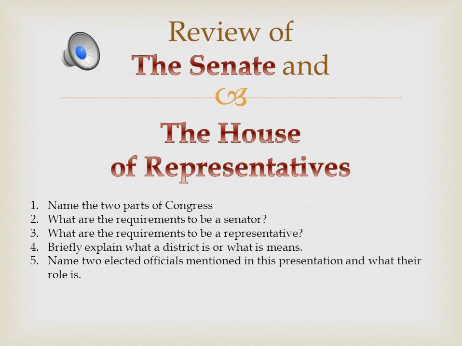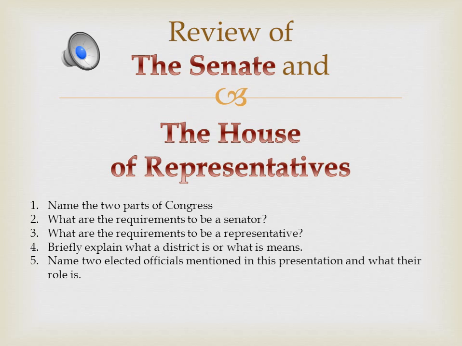So now we're midway through this chapter, and we're going to do a little review. Number 1, name the 2 parts of Congress. Number 2, what are the requirements to be a senator? Meaning, what's the age requirement? And what are some of the other things that are important for the senator to be before they can run for office?